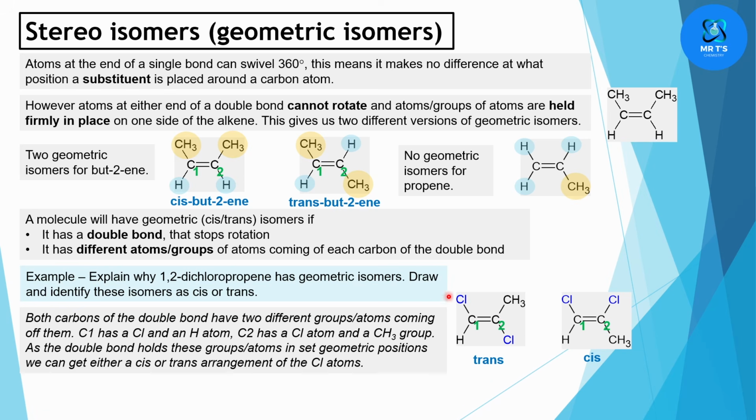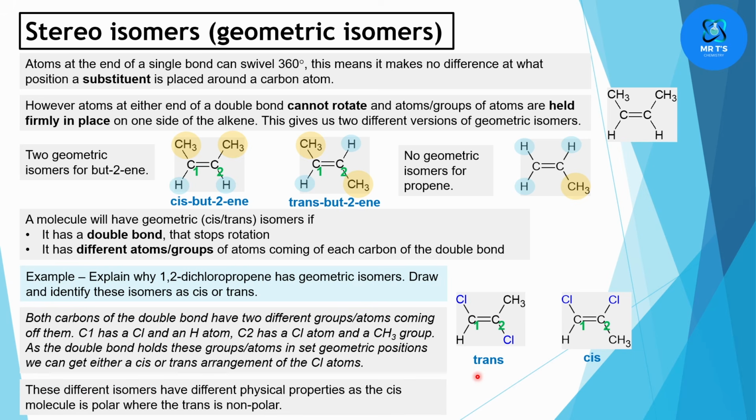Okay, one last point about geometric isomers. You might not notice this, but chlorines are very electronegative atoms, and the trans molecule here, if we were to take the center of the negative charge, it's right in the center, so this is really a non-polar molecule. But if we look at the cis one, two chlorines at the top means the center of the negative charge is going to be near the top of this molecule, and it's going to be polar. Because of that, they're going to have slightly different boiling points and melting points.